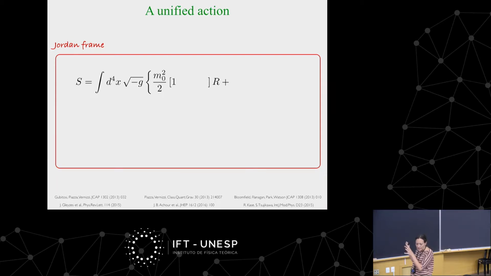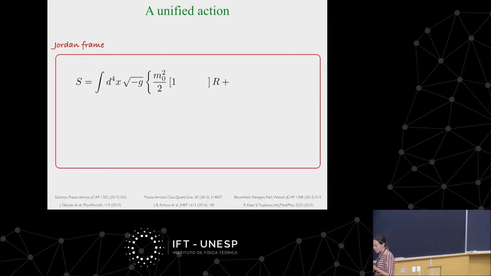And while I haven't written it here, perhaps it will appear at the end. There's also matter with its own action. And by the fact that I'm saying we are in Jordan frame, it means that I'm considering that the matter couples to the metric and follows geodesics determined by that metric. That's an assumption which can be quite strong, in the sense that I'm assuming that either there's no coupling between my dark energy and matter particles, or it's a universal one.